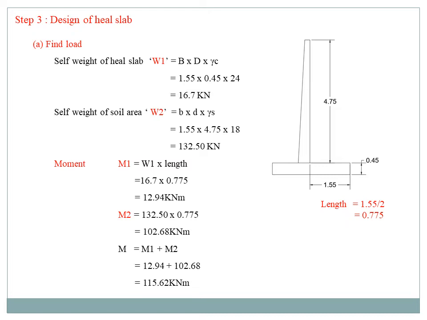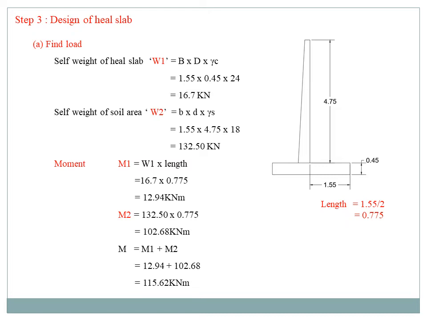B is equal to 1.55, D is equal to 4.75, and gamma S is equal to 18, which is given in our question. So finally 132.50 kilonewton.